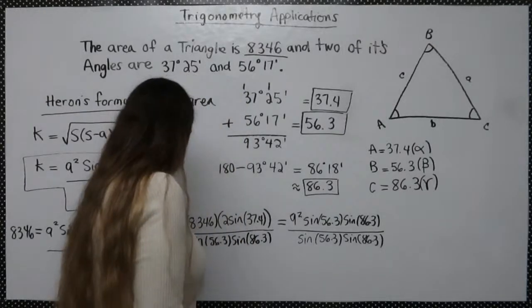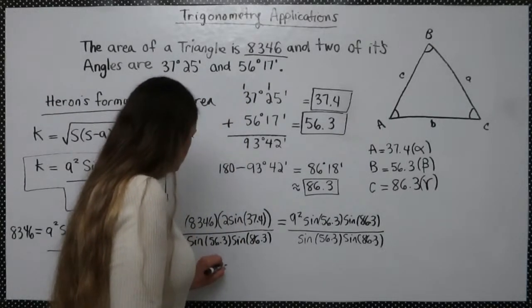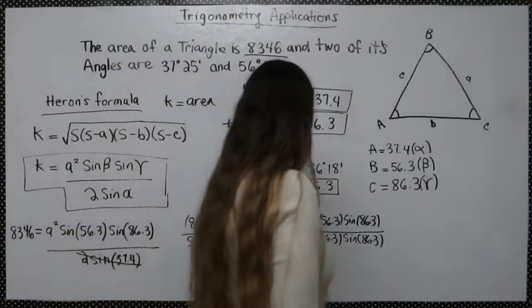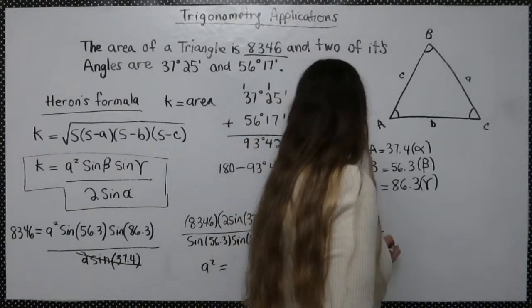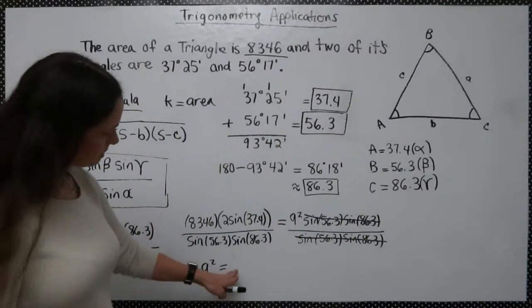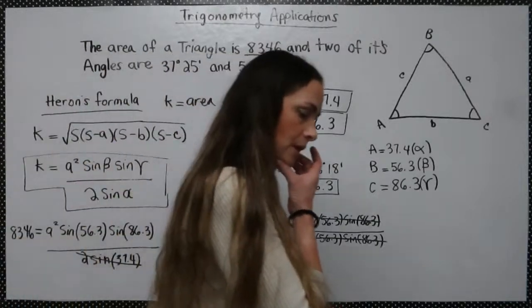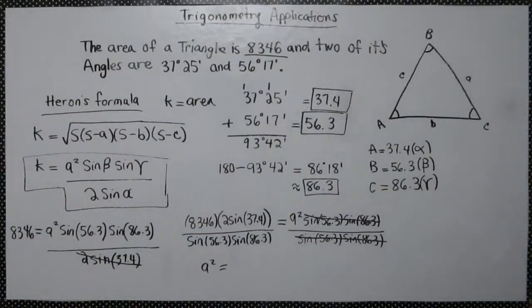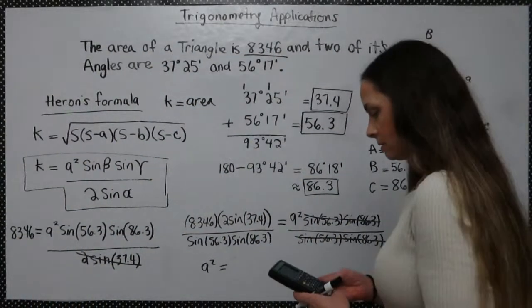Okay, so you're going to end up with a squared equals, because this is going to cancel, and then you're going to end up figuring out what this is, and that is equal to a squared. And so for me, I will just type all this in the calculator.